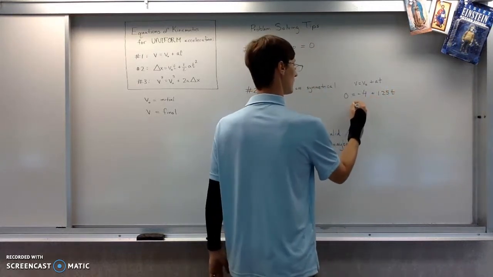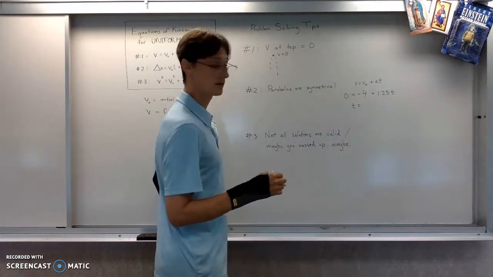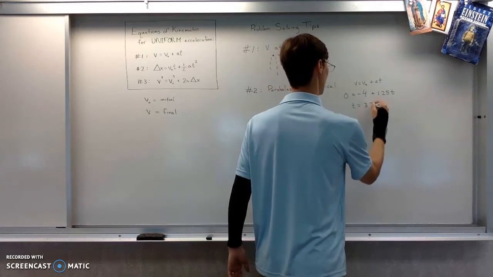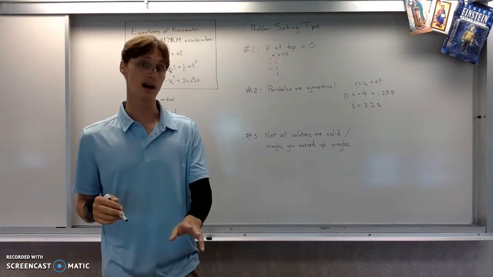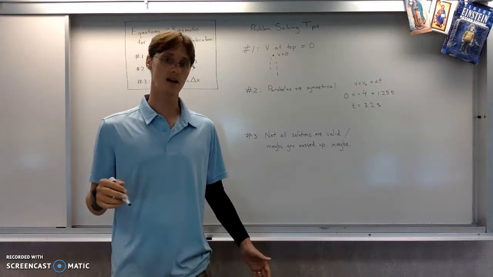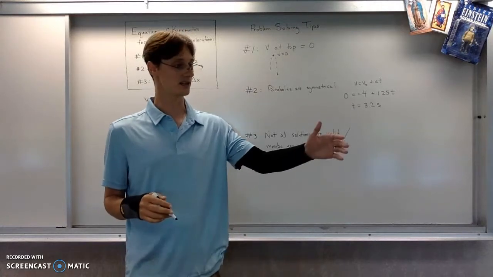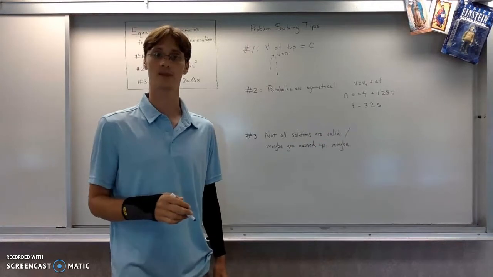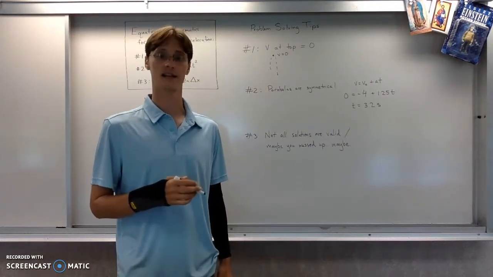So then if I do some division here, 4 divided by 1.25 should work out, assuming that I didn't do bad math, to 3.2 seconds. So that would be the time up. The time down ought to be the same because the acceleration is the same in both directions, and therefore the total time is 6.4 seconds, which was the answer we got at the end of the last video.